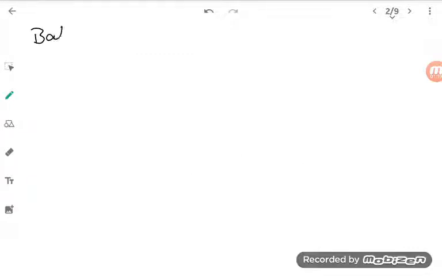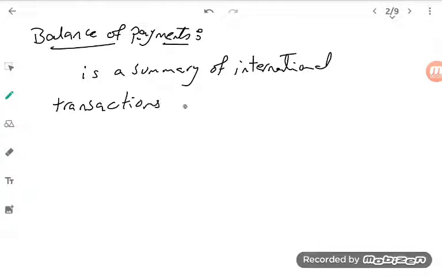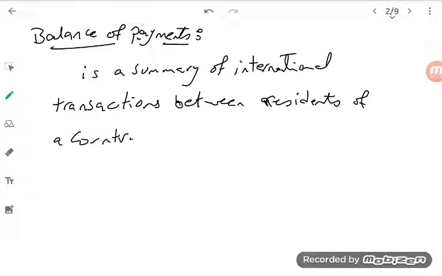What's meant by balance of payments? Balance of payments is a summary of international transactions between residents of a country and the rest of the world.